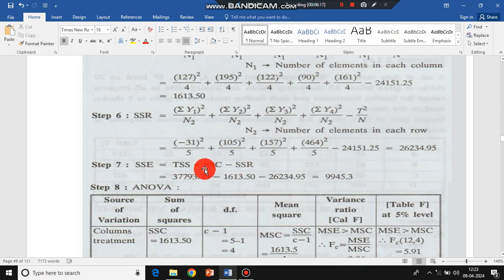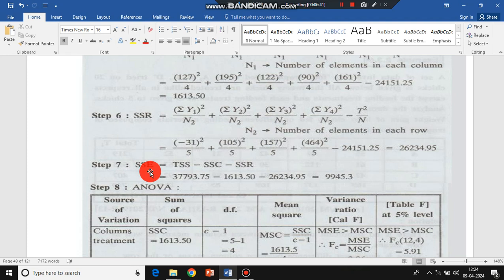Total sum of squares minus sum of square column wise and minus sum of square row wise. So if you subtract the sum of square column wise and sum of square row wise from total sum of squares, that is called the sum of square error term. That's what you have to understand.